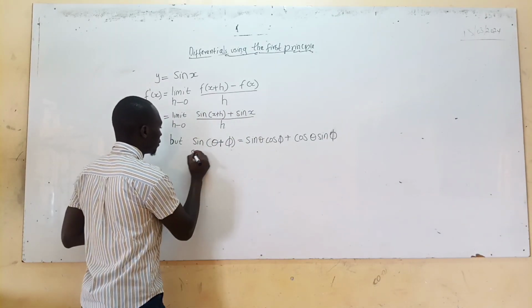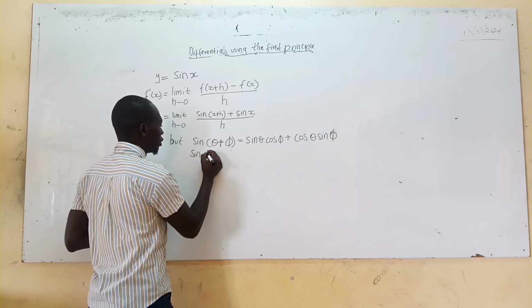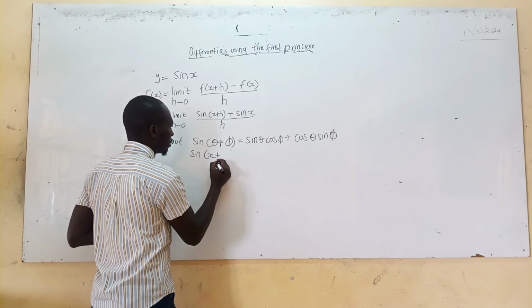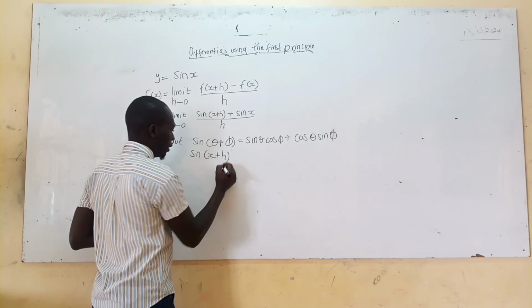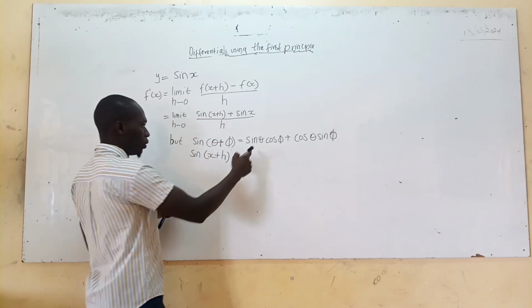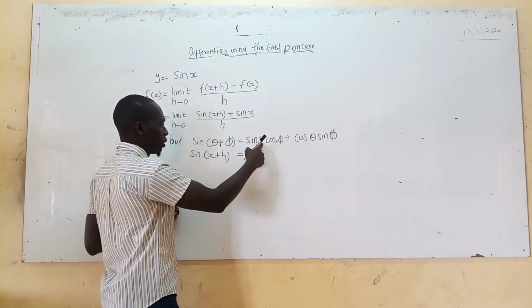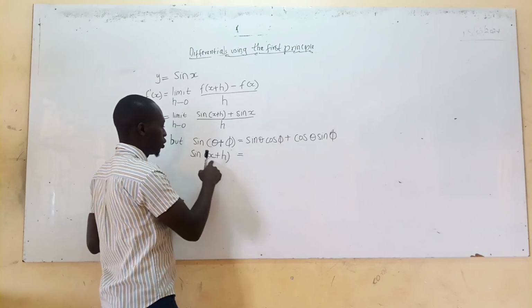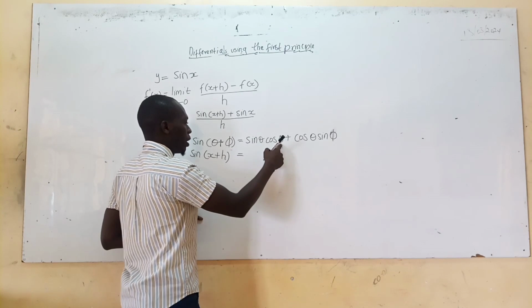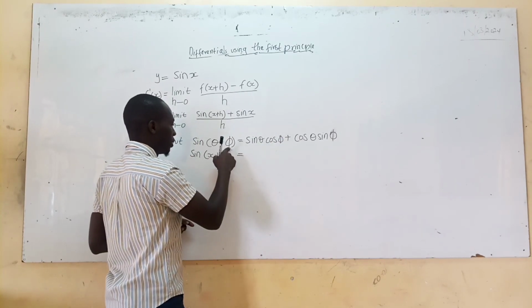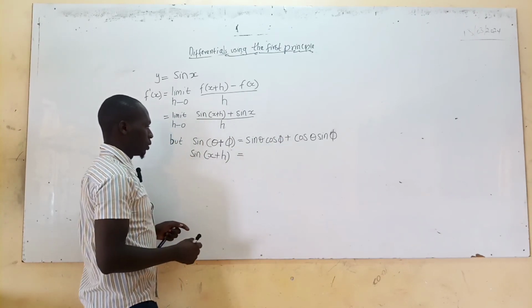So let us come here. We have sine of x plus h, which will be equal to, where we have angle theta, we replace with x, and where we have angle phi, we replace with h.